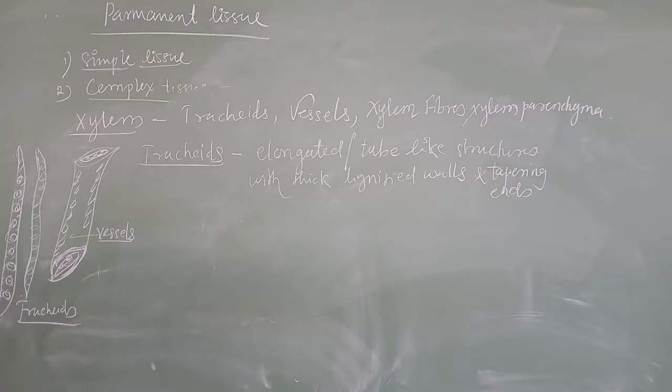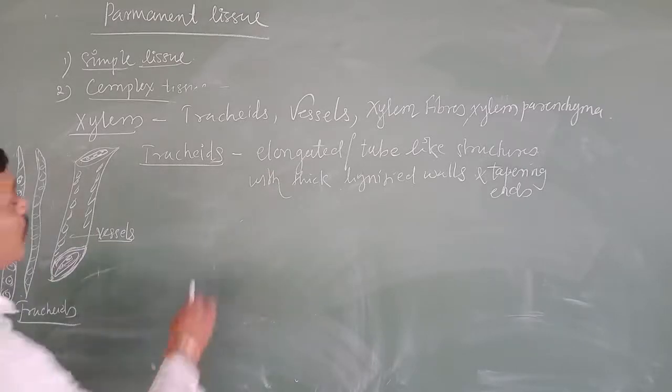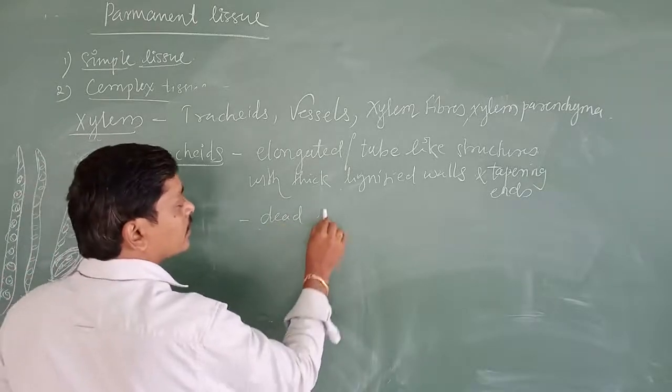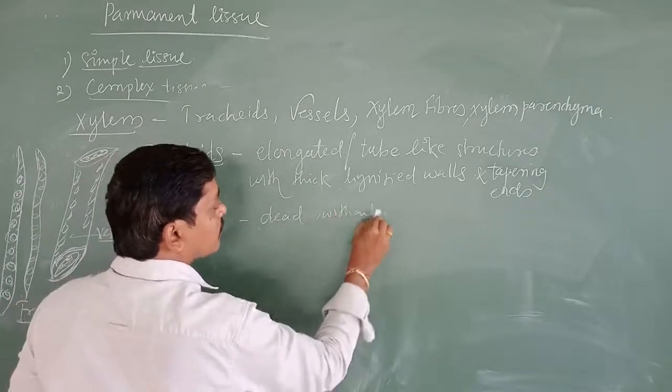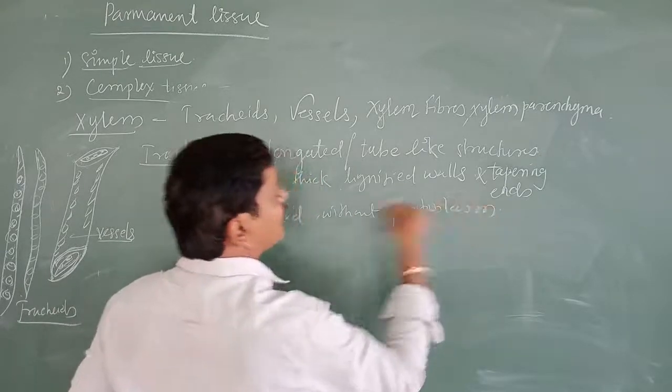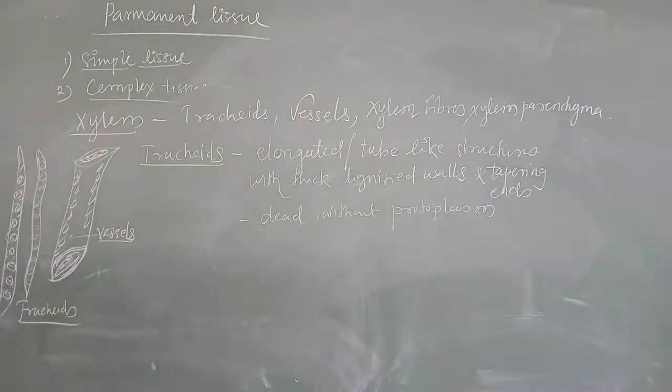Then, tracheids are dead, without protoplasm. In the sense, protoplasm is absent in what we call tracheids. The inner cell wall thickening varies from one to another.